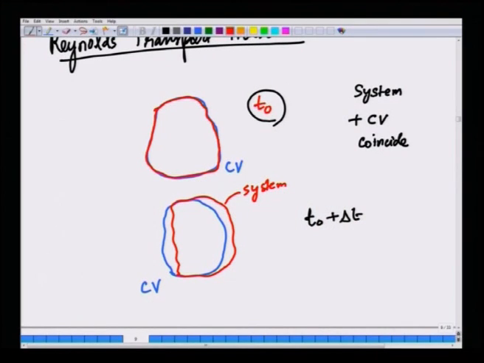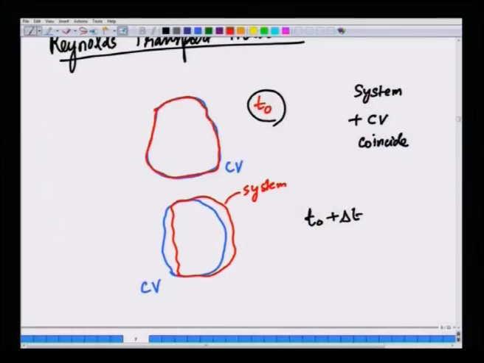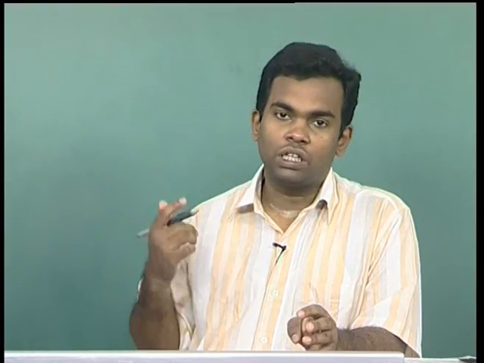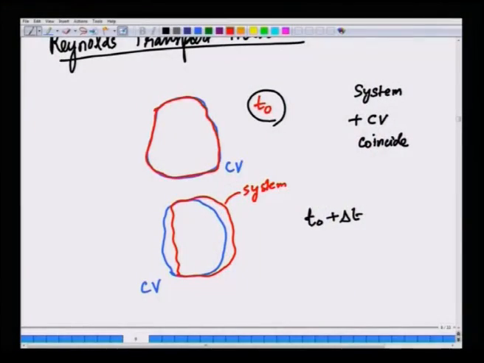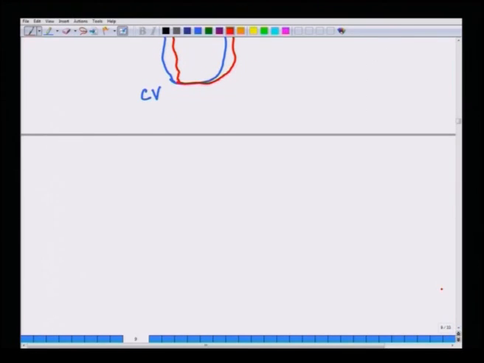We want to be able to write the instantaneous rate of change of mass, momentum or energy of the fluid that is present in the system in terms of the variables of the CV, because we want to follow only the control volume approach, while the fundamental principles are most naturally applicable to the control mass approach. So, we want to derive a relation, and that is the purpose of the Reynolds transport theorem.